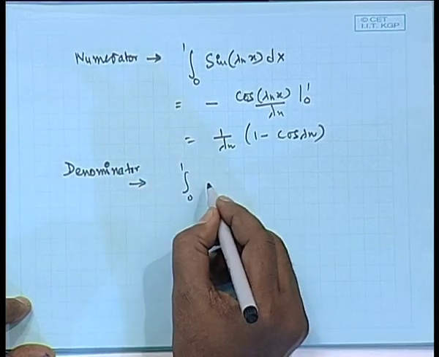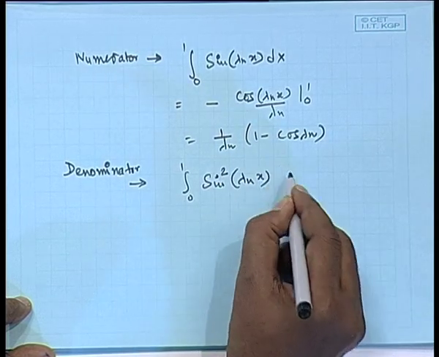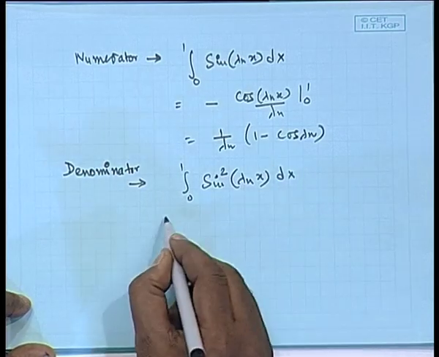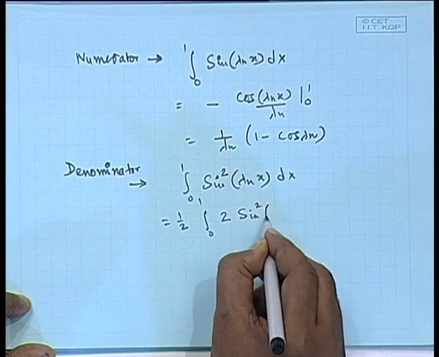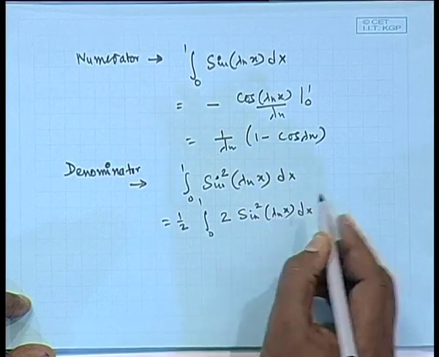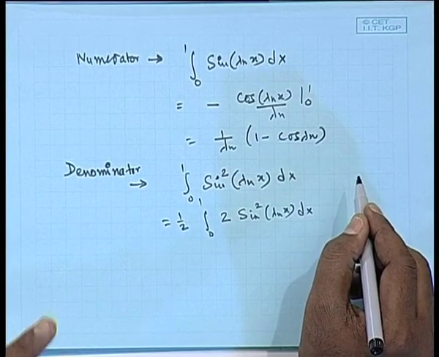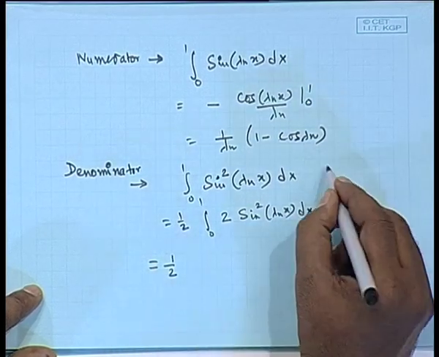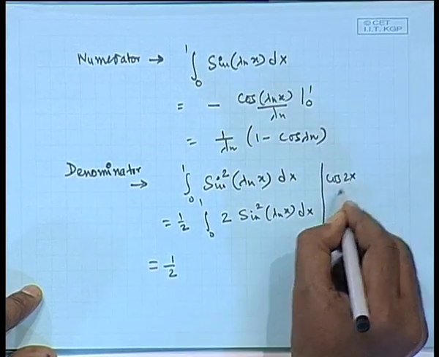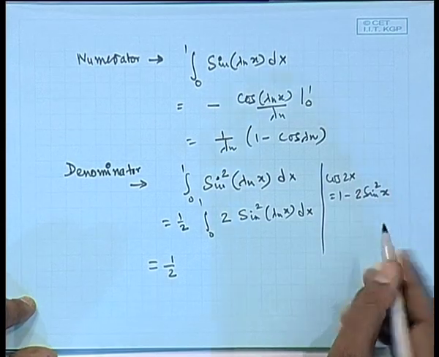Now let us look at the denominator. Integral 0 to 1 sine square lambda n x dx. This will be half of twice sine square lambda n x dx. Now cosine 2x is 1 minus 2 sine square x, right. So 2 sine square lambda n x is basically 1 minus cosine 2 lambda n x.